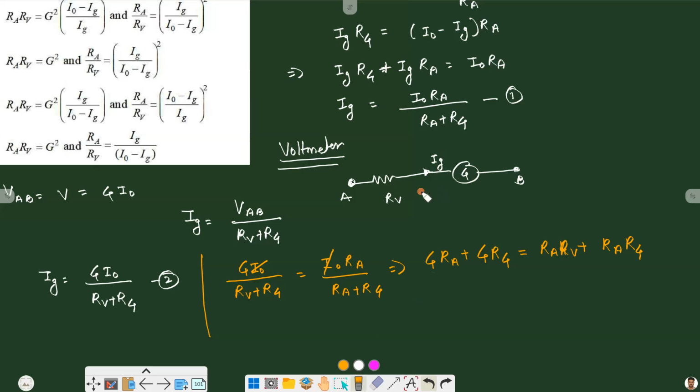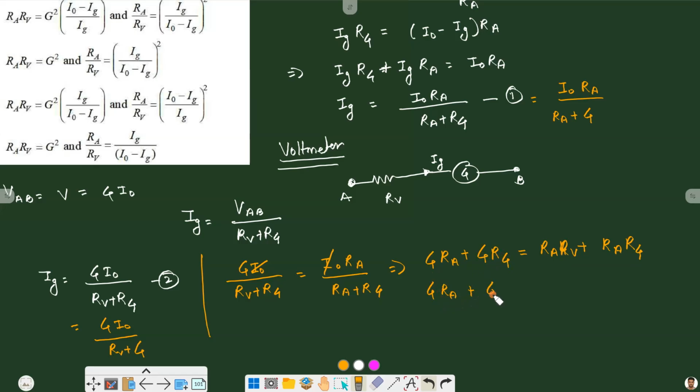So this equation will be converted to G Ra plus G, and here we have Ra Rv plus G. Whenever we have Rg we can write it as G. So this will stay as it is.